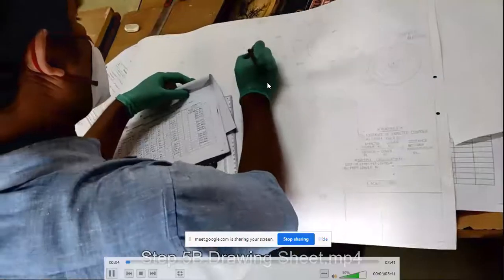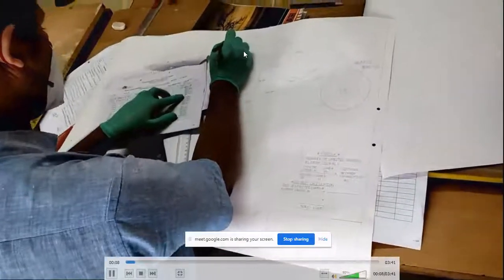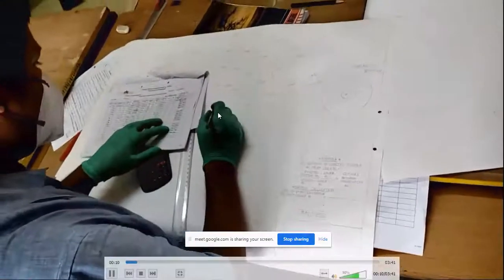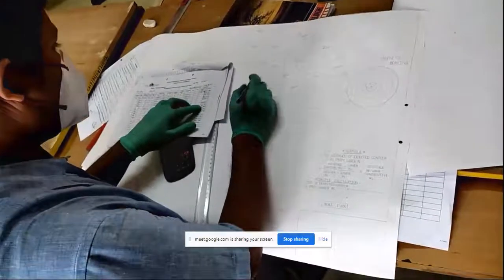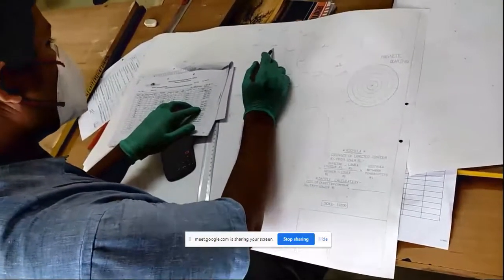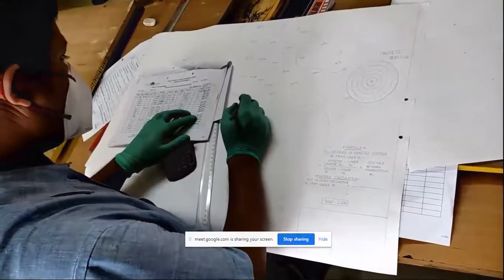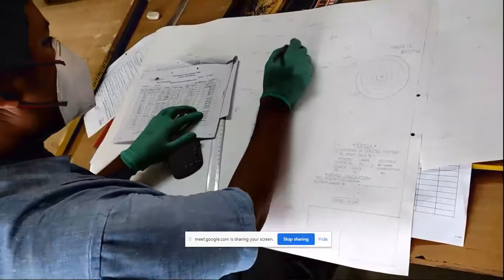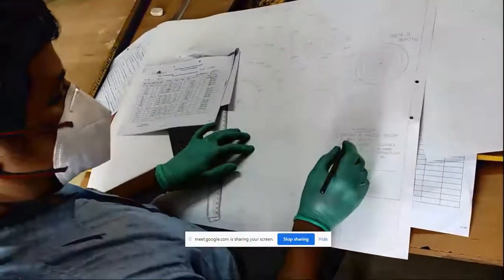As I told you, the RLs have been written there, and correspondingly we do the interpolation of the contour. As I told, the formula is distance of expected contour RL from lower RL is equal to expected contour RL minus lower RL, divided by higher RL minus lower RL, into distance between two consecutive RLs.